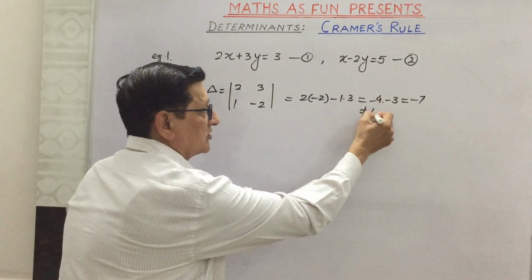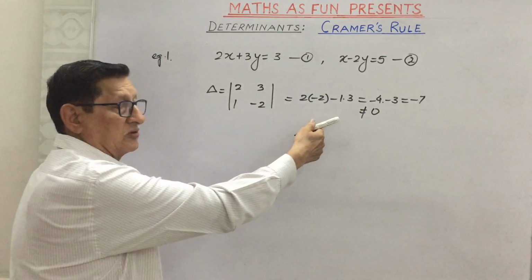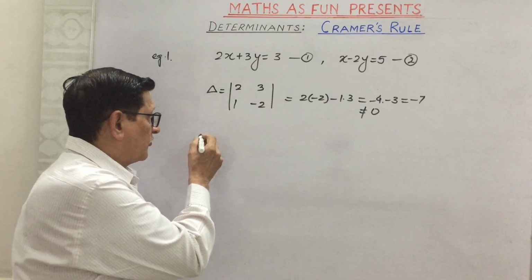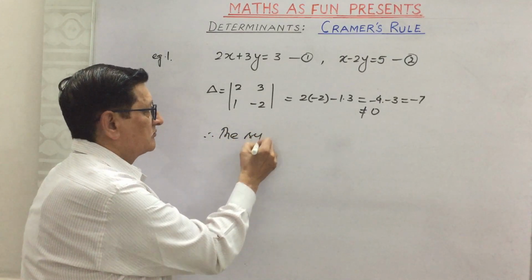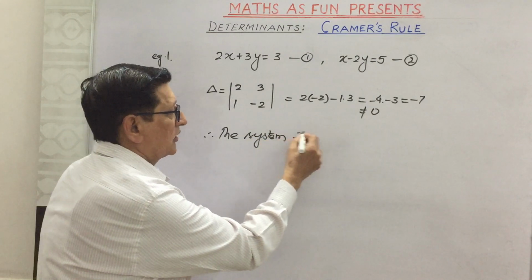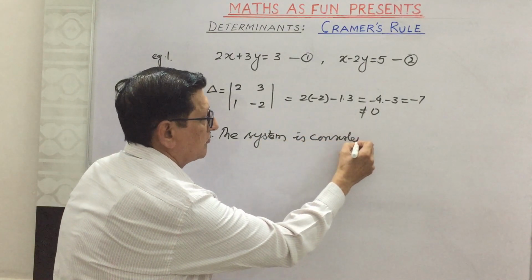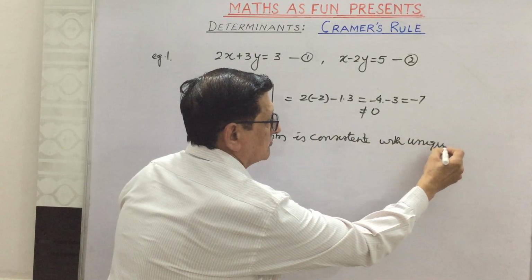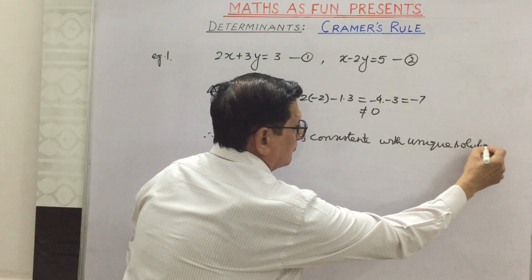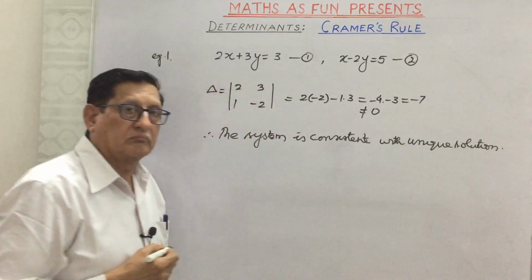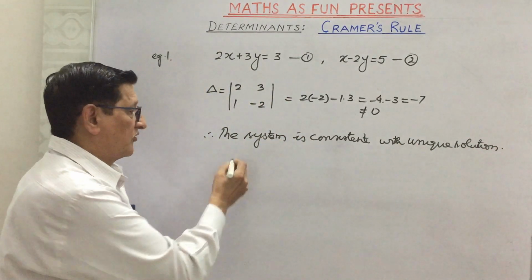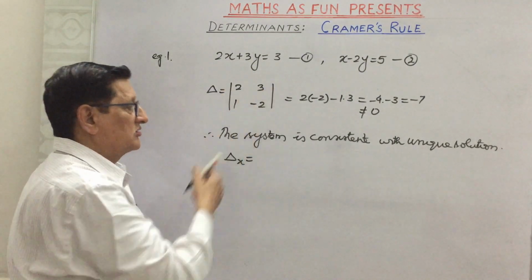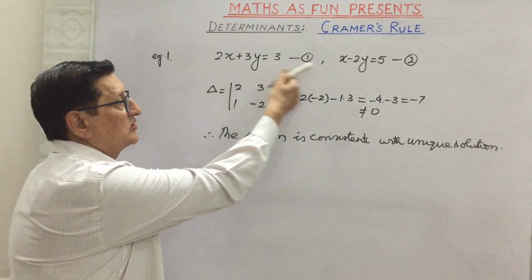It is not equal to 0. And if delta is not equal to 0, we can say it will be consistent with unique solution. Therefore, the system is consistent with unique solution. Now we can go for delta x, replacing the first column by the constants, and that we are finding is 3 and 5.